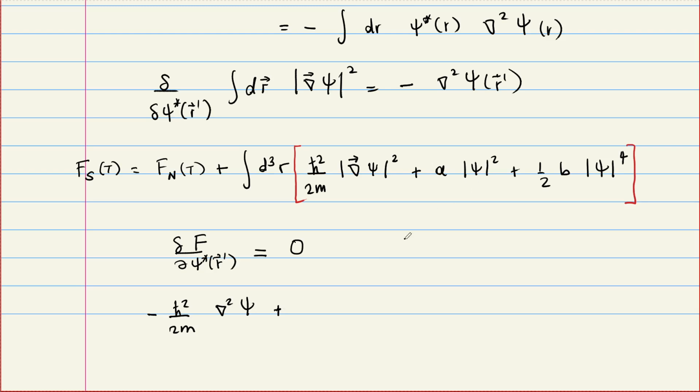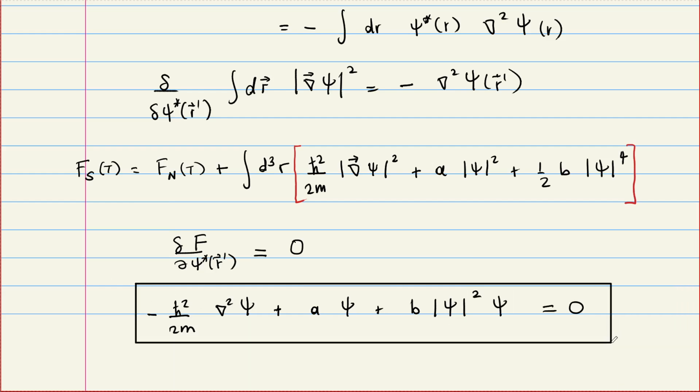Plus, this one is going to give me a psi, plus this one is going to give me b psi squared times psi, equal to 0. Good. Any questions?